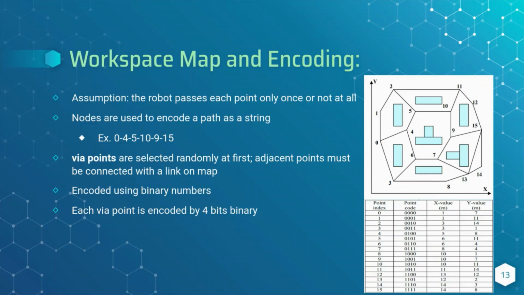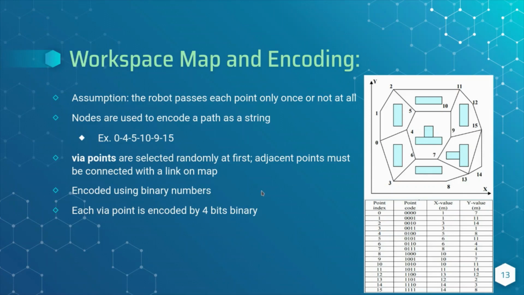Each node has a number as shown in the figure, and the nodes are used to encode a path as a string. For example, 0 to 4, 4 to 5, 5 to 10, 10 to 9, 9 to 15 is a path with start node 0 and the goal node 15.